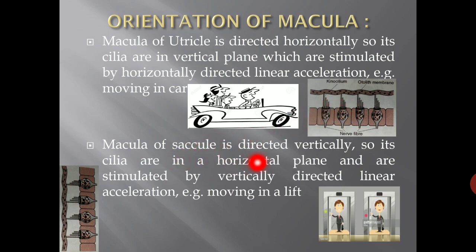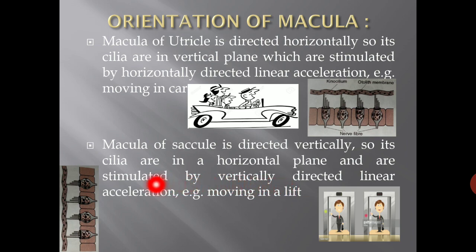The macula of the saccule is directed vertically, so its cilia are in the horizontal plane. Here the cilia are present horizontally, whereas in the utricle they are vertical. They are stimulated by vertically directed linear acceleration, for example moving in a lift.